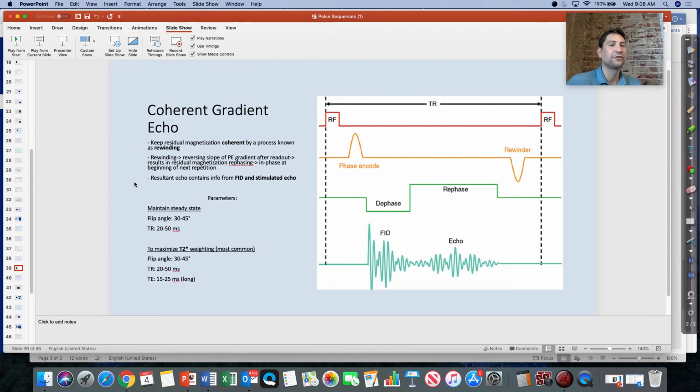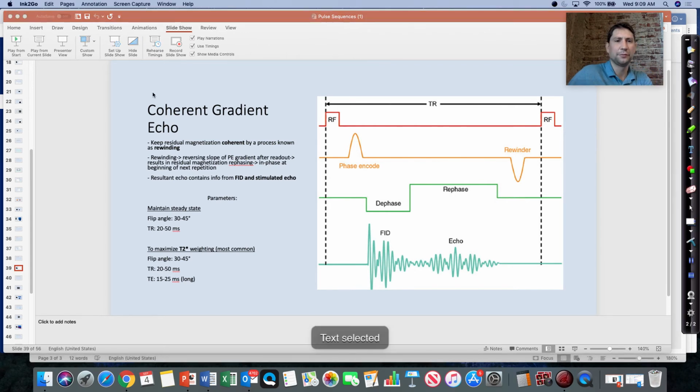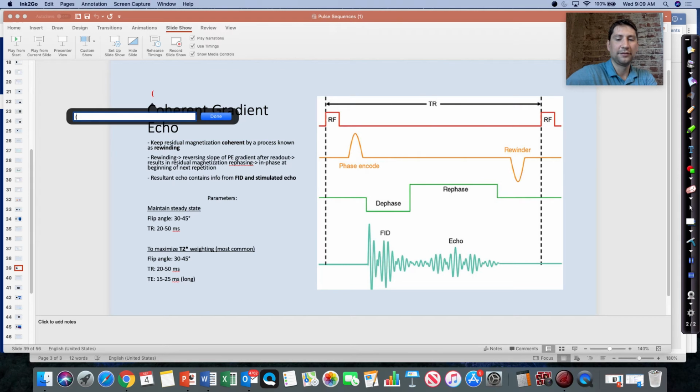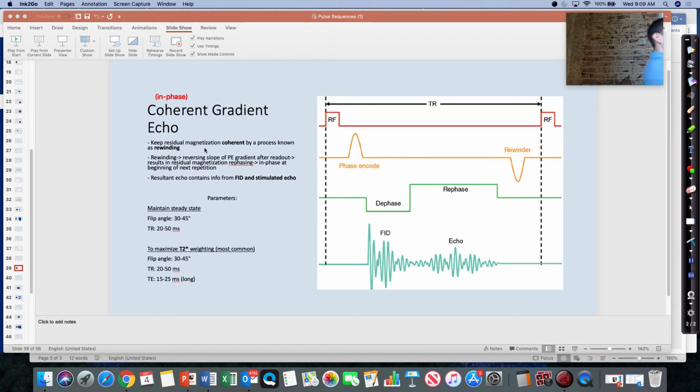All right, our first gradient echo pulse sequence is called coherent gradient echo. So that means our spins are going to be in phase. So anytime you see the word coherent, always think of in phase. So that residual magnetization that's sitting on that transverse axis, we want to incorporate that into our signal.